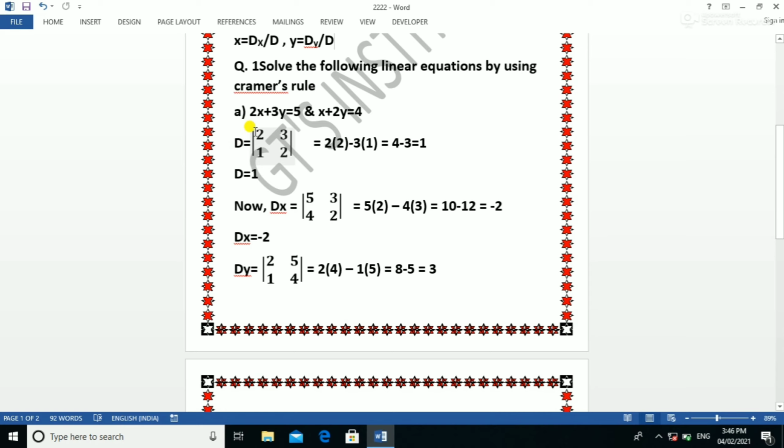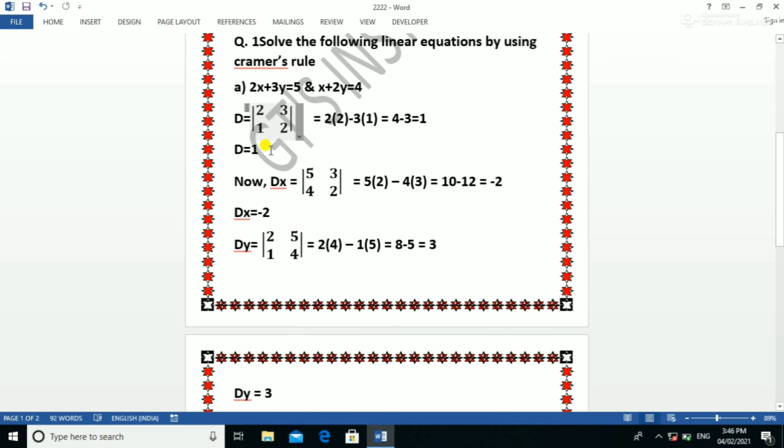Here the first example is 2x plus 3y is equal to 5 and x plus 2y is equal to 4. Then a1 is equal to 2, b1 is equal to 3, c1 is equal to 5, and a2 is equal to 1, b2 is equal to 2 and c2 is equal to 4.